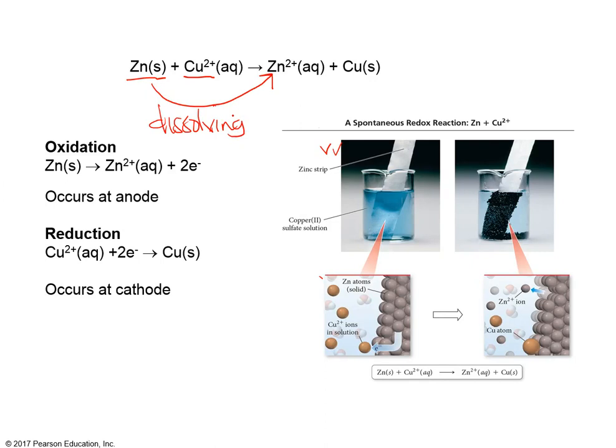Now, where do the electrons go? The electrons move from zinc to copper. So as zinc is dissolving, it is making copper solid. So copper solid is being formed and zinc is dissolving.